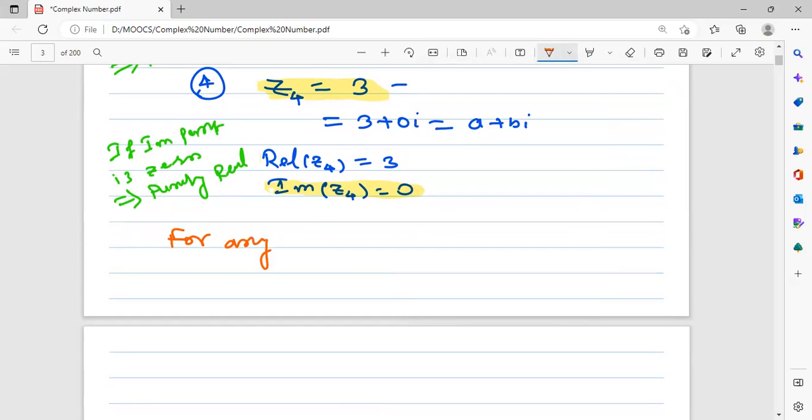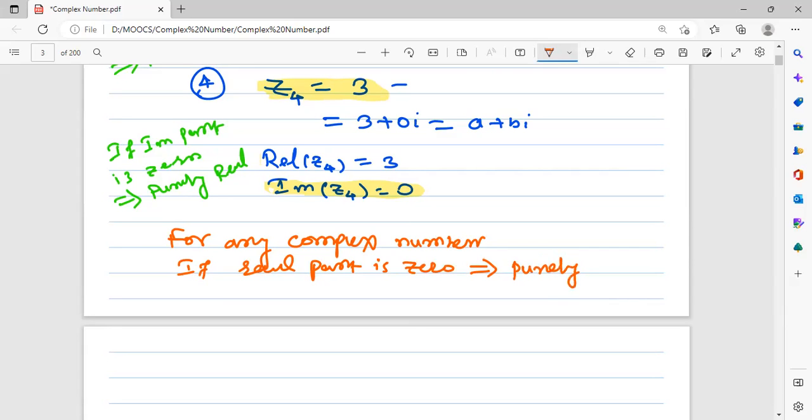I will write here only your conclusion for any complex number: if the real part is 0, this complex number is purely imaginary, and if the imaginary part is 0, it is purely real.